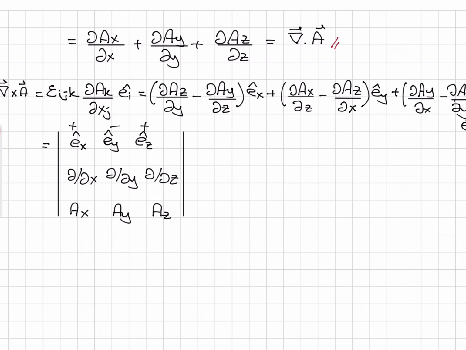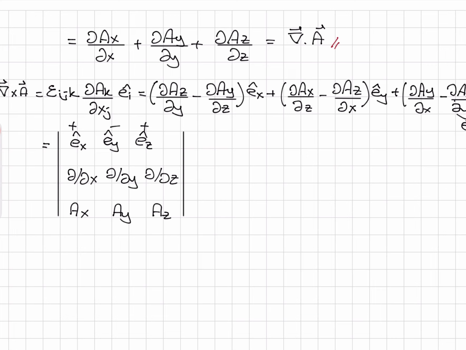For example, in ex hat del az del y minus del ay del z. For ey hat, we have del az del x minus del ax del z, but because of the minus sign, we switch the signs, and for ez hat, del ay del x minus del ax del y.